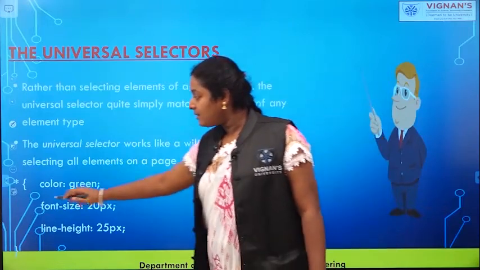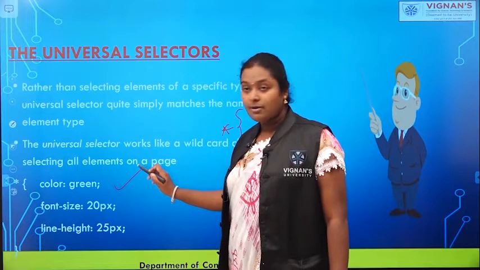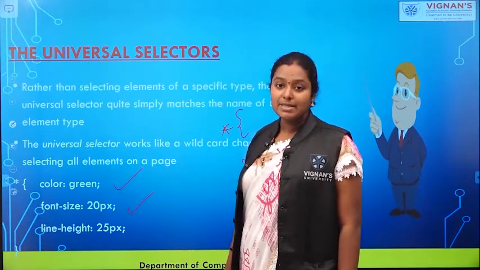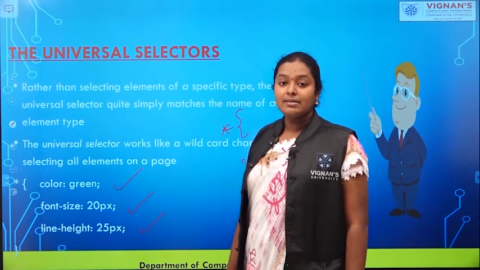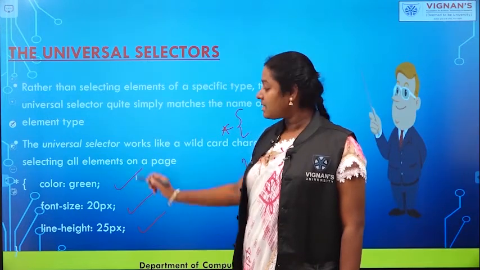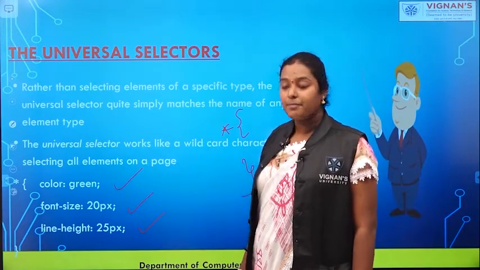Here, the color is green, the font size is 20 pixels, and the line height, the height between two lines, is 25 pixels. These properties will be applied to all the elements in the web page.